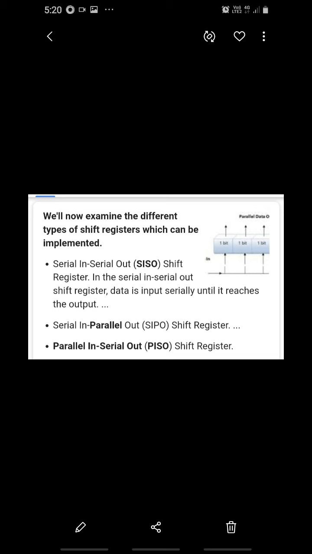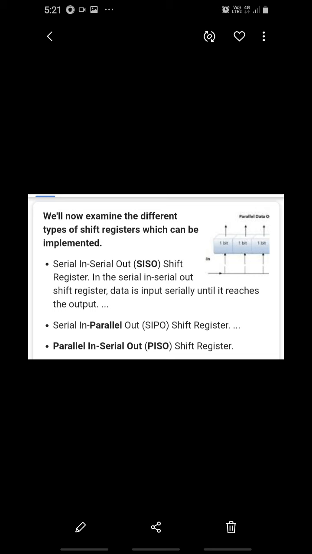Here, the parallel in, serial out shift register is very useful in transferring data from a high speed device to a low speed device.